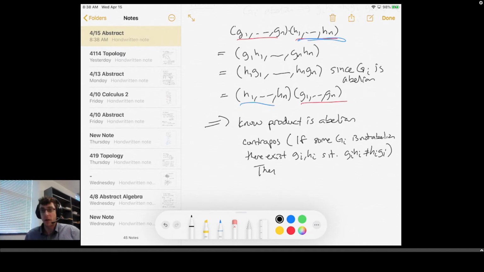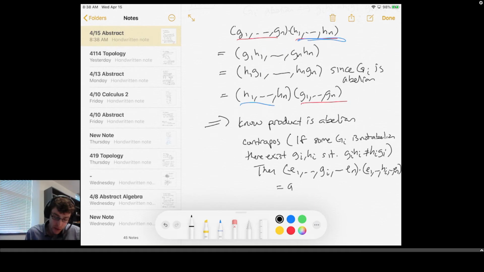So then for any product, the easiest thing in the world is just to use e in each coordinate. So let's say we have e1 down to whatever, then we've got g_i, and then all e's after, times all e's, h_i, all e's.